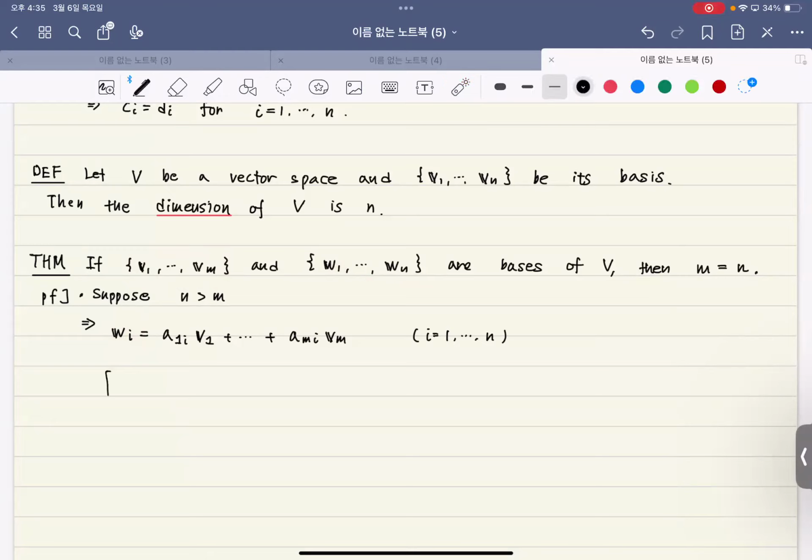Well, I want to translate everything in terms of column vectors.